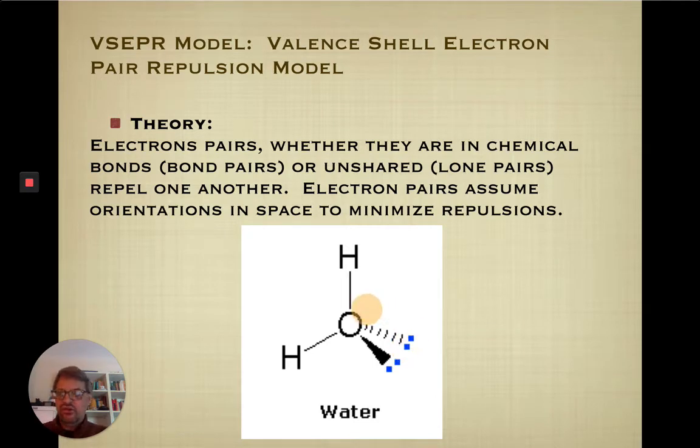These electrons will arrange themselves in a way to minimize the repulsion between them, okay? And that is going to cause the molecule to have a particular shape, okay? So that's the idea behind this theory. Atoms and electrons arrange themselves to minimize repulsion between electrons, and in so doing, the molecule gets a shape, okay?